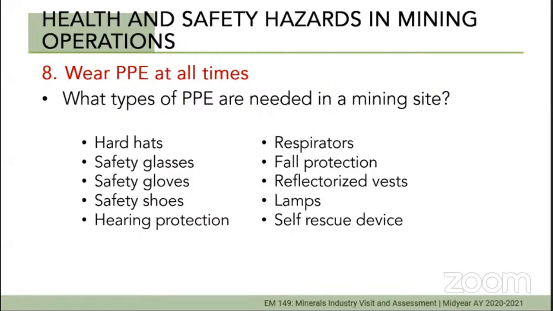Here we have just some examples: hard hat, safety glasses, safety gloves, safety shoes. There would be instances where you would need steel toe shoes, and instances where even rubber boots would do. The steel toe ones are quite heavy, but they would do the job.